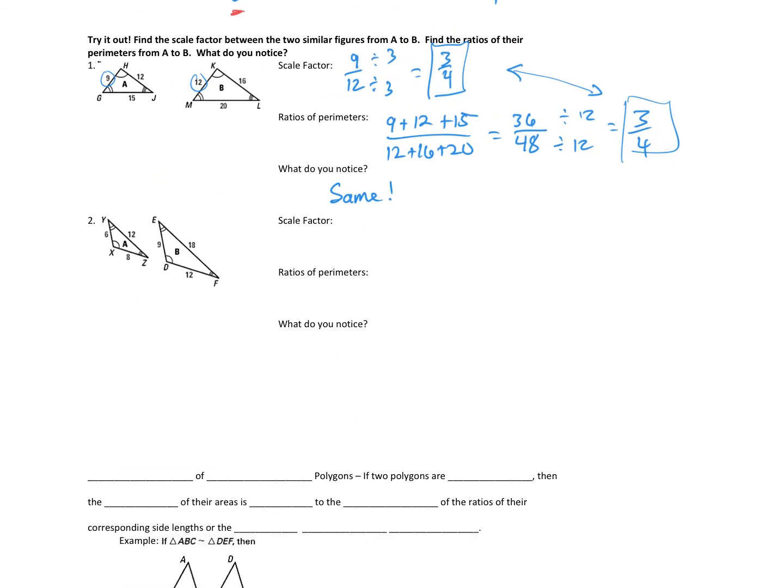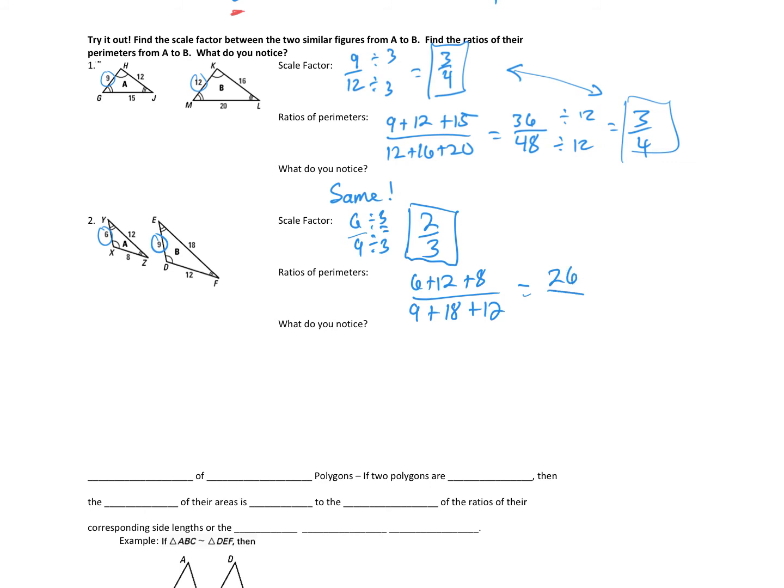So let's do another one. Just prove the same thing here. For my scale factor, I'm going to do 6 and 9. Simplify that, divide by 3, divide by 3. This gives me 2/3. So my scale factor is 2/3. Let's do my perimeters. 6 plus 12 plus 8, all over 9 plus 18 plus 12. 6 plus 12 plus 8 is 26.